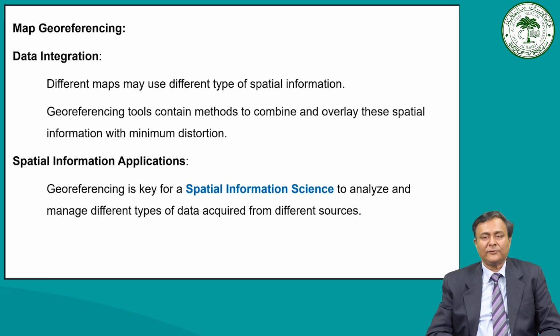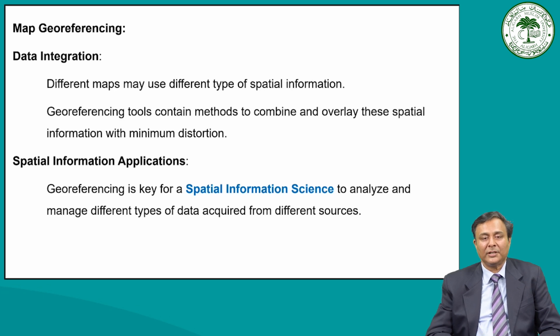Now, over the Earth's surface, we know the location of any geographic space, but how can we relate it with the ground coordinates? That process is georeferencing, and that is why I am saying it is very critical in representing spatial information. Another important feature of georeferencing is data integration, where different maps may use different types of spatial information, but all of them belong to one spatial location.